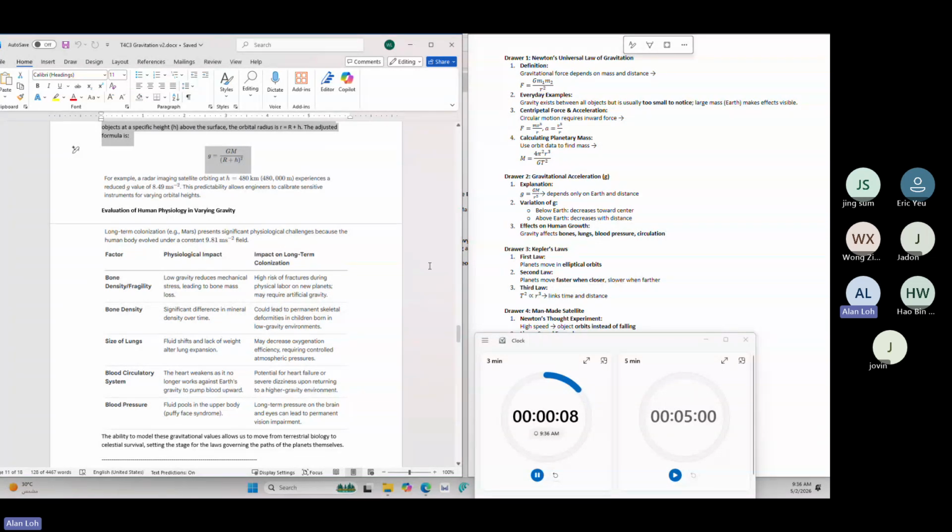All right, time's up. So your level should increase by leveling up from 4 to 5 for drawer 2 now.